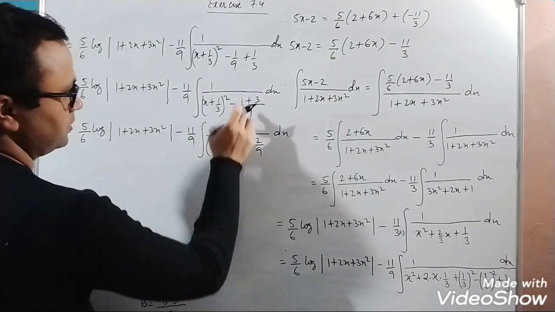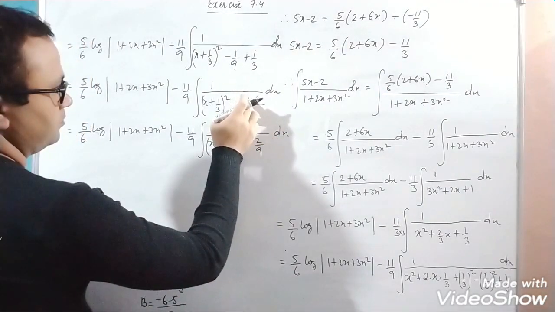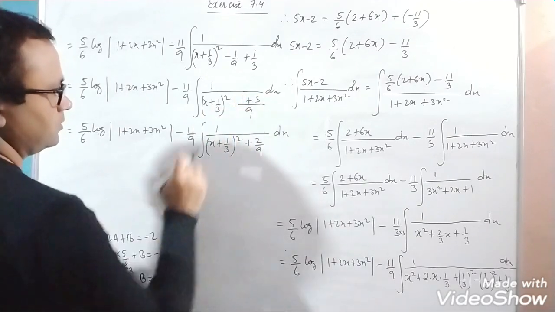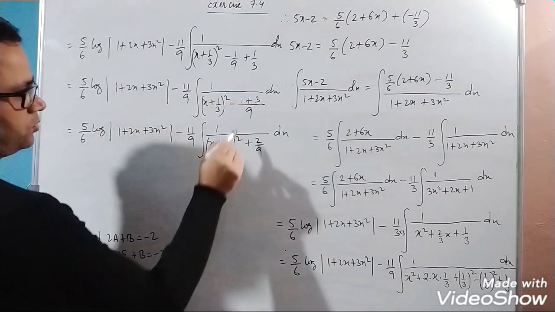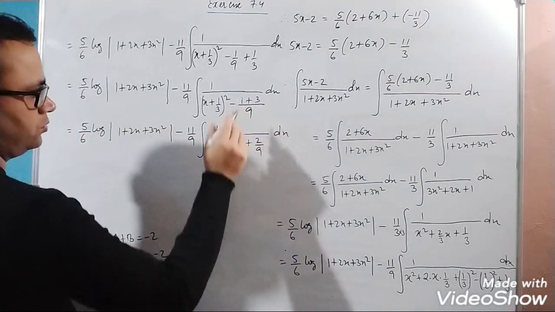Why 2 by 9? Because there is a positive sign before the bigger number, that's why 3 minus 1 is 2, plus 2.